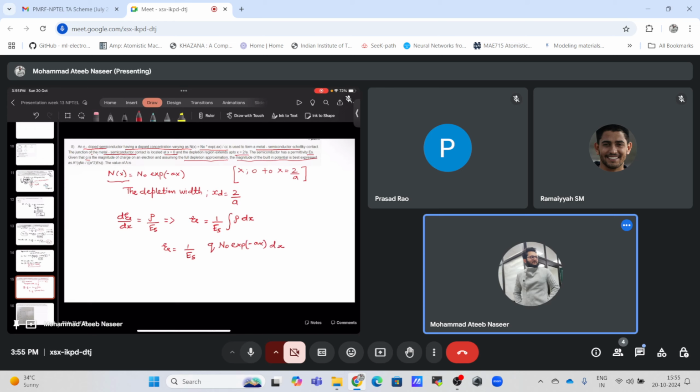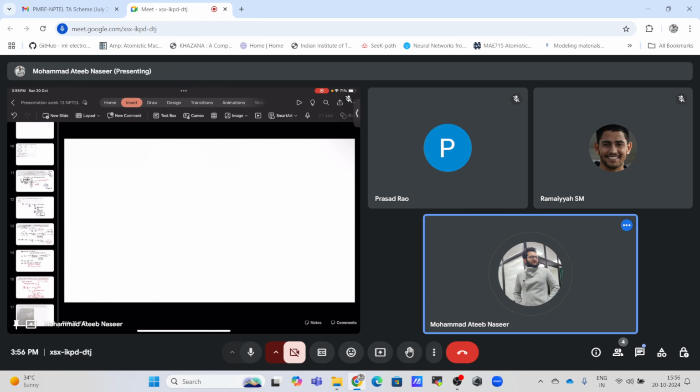So it is q times n0 by Es times exponential of minus ax by minus a, plus c. Or simply, the field expression is minus q times n0 by Es times a into exponential of minus ax, plus c. This is the expression for the electric field.